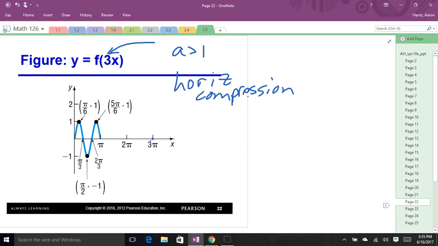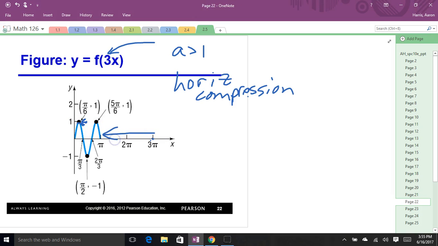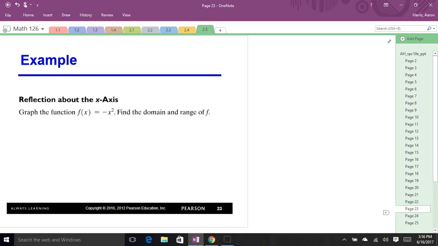Now you've got pi over 6, 1. So that pi halves, 1 point was compressed in. Everything's been horizontally compressed in, and that's because of the composition with the constant in front being greater than 1.